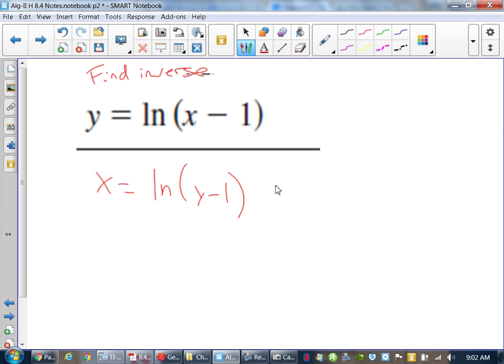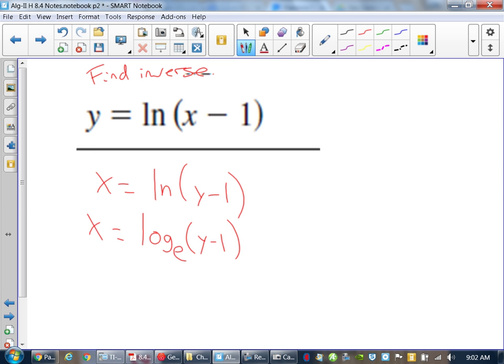But now think of natural log as log base e. So when you rewrite, you'll have x equals log base e of y minus 1.